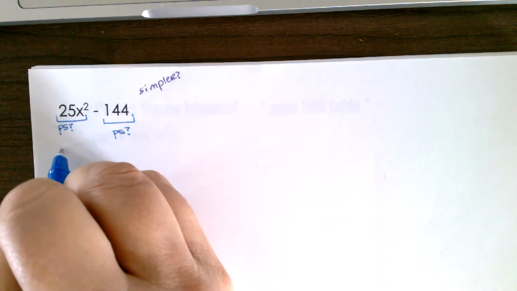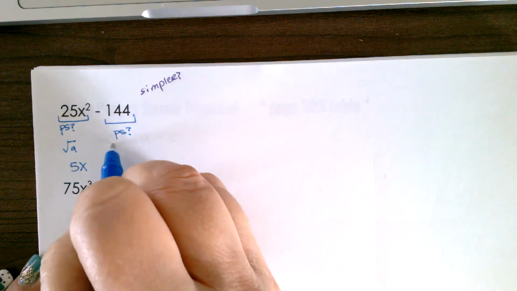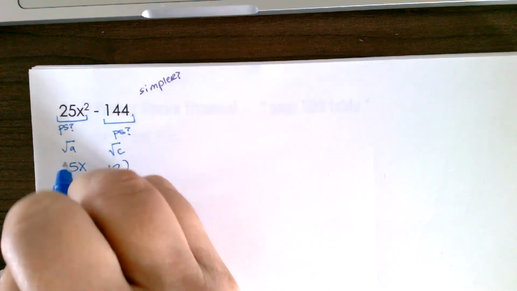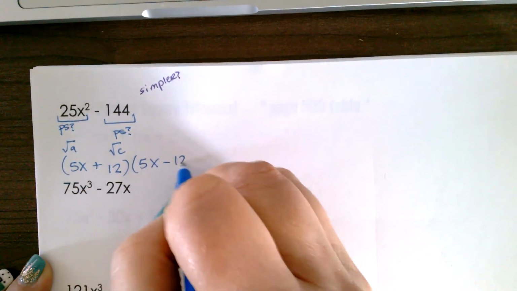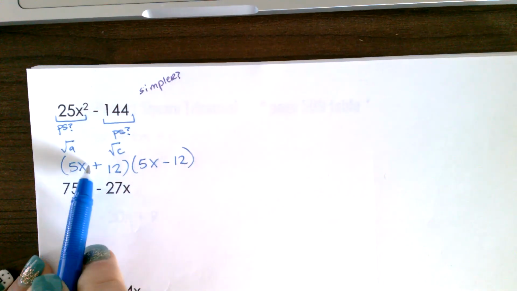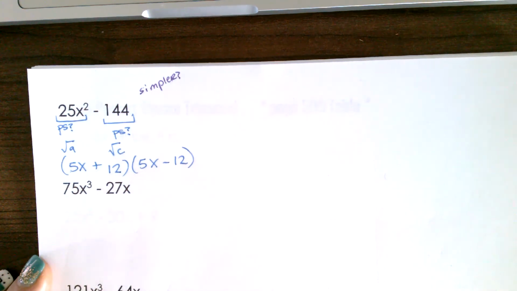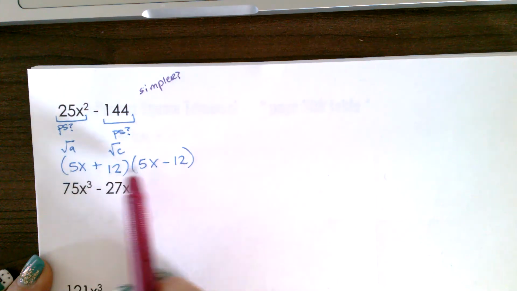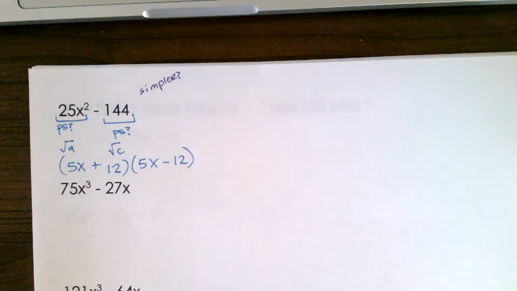So I will take the square root of the a term. I'll take the square root of the c term. And one will be plus. I will repeat with a subtraction. So 5x plus 12 times 5x minus 12. I know I simplified as far as I can go because there isn't a greatest common factor.